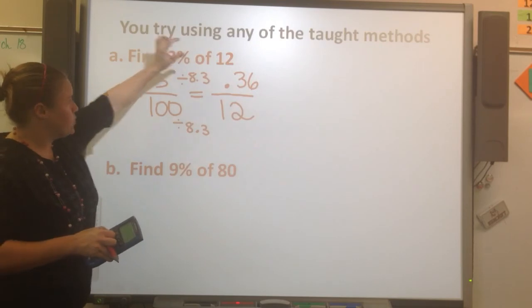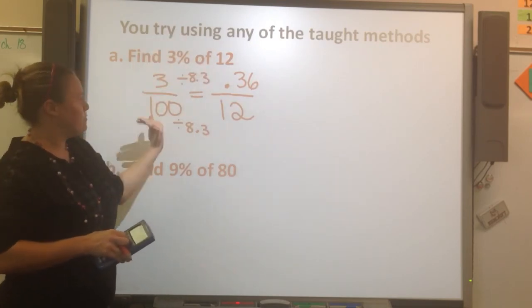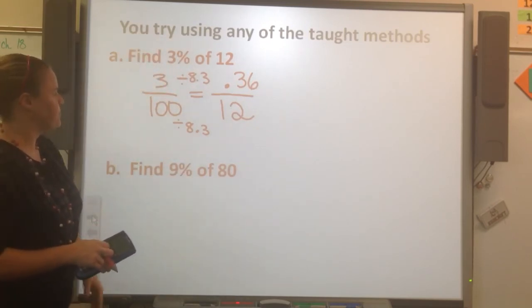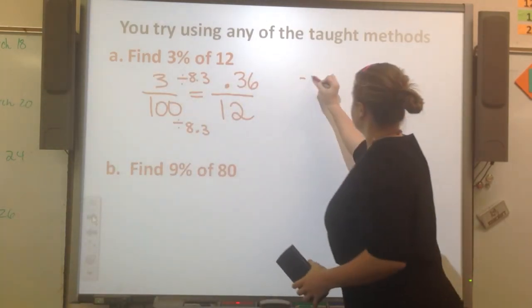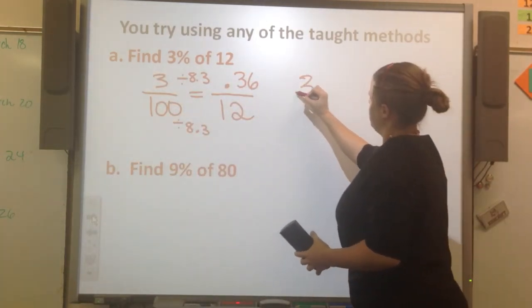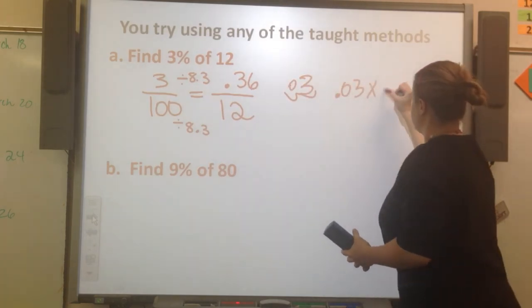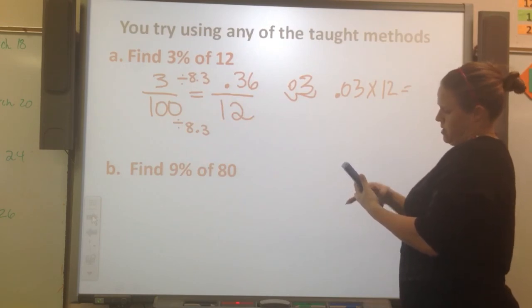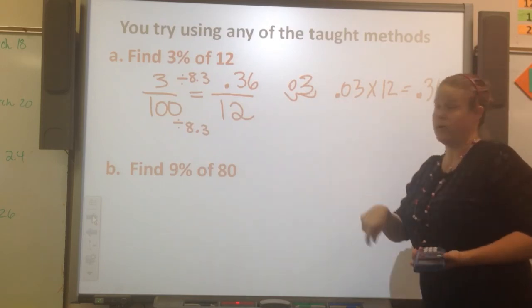Whereas 50% of 12 is 6, and 25% is going to be 3. Well, that's why it's getting a lot smaller. And if I were to do the decimal, it would look like this. So 3, convert it to a decimal, so it'd be 0.03 times 12, and that is 0.36. So you can use it as a check almost.